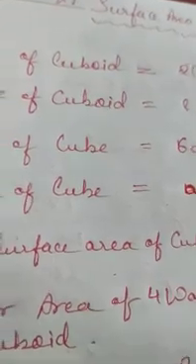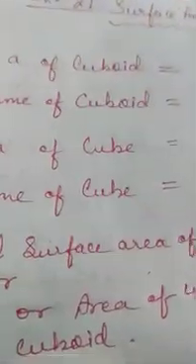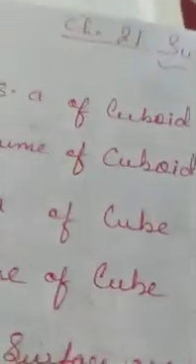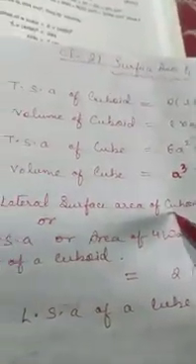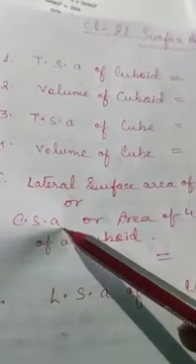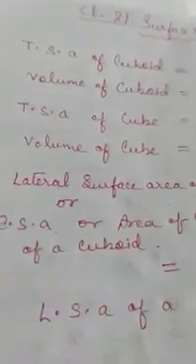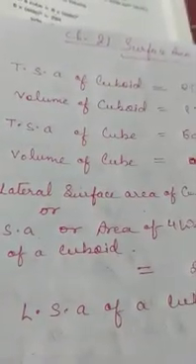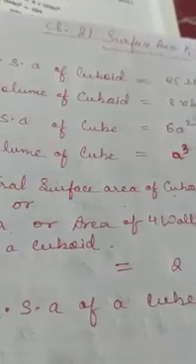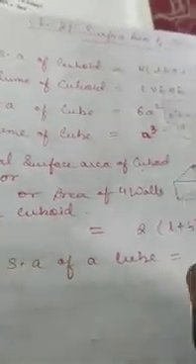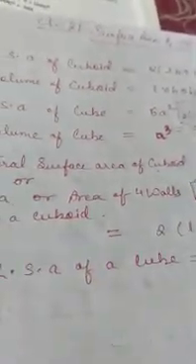Okay. Now next thing you need to understand: what is lateral surface area of a cuboid, or curved surface area, or area of 4 walls of a cuboid. That is all the same. Lateral surface area means, children, you can take the example of your geometry box, or the best example, you are sitting in a room, right?